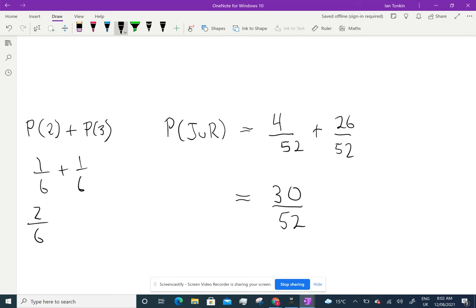But that's not right, because there are 2 red jacks and you've counted them twice. You've counted them twice in here. Once in here and once in here. So you need to dismiss that. So we have to subtract those ones, one of those 2 that we counted twice. And the answer is 28 on 52.